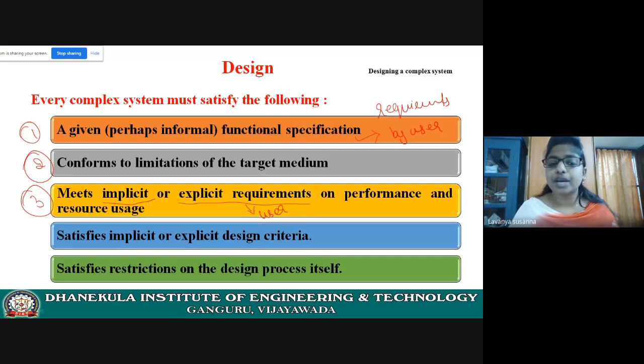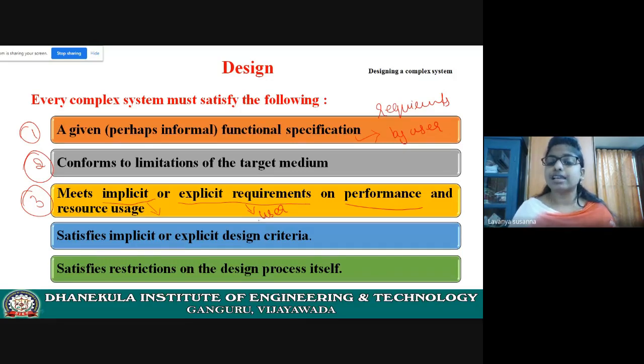Next, implicit requirements. These requirements will not be specified by the user. As a developer, you need to consider all the implicit requirements, just like performance. In terms of performance and resource usage, you need to take care of that. These will not be specified by the user. User will only specify what functionalities the system will do, which type of software he needs, all the requirements he will specify.